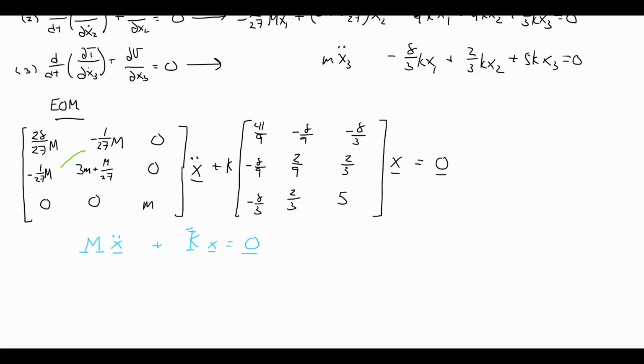All the other entries are 0 off diagonal, so it's symmetric. And then checking the stiffness matrix, we have negative 8/9 on that off diagonal, positive 2/3, and negative 8/3 on that off diagonal. So the stiffness matrix also is symmetric. Get rid of some clutter, but they're both symmetric.